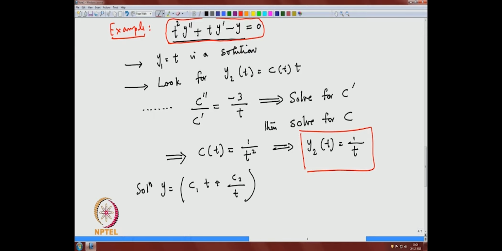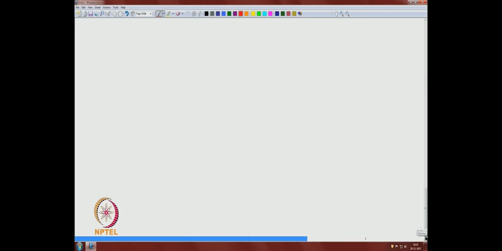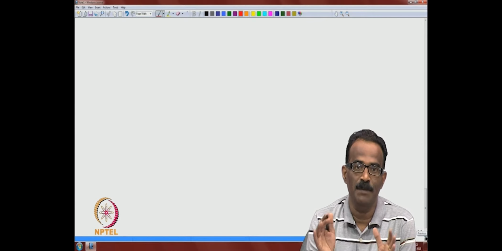So, we will go to the next one. Here you can see that t and 1 by t are independent solutions. It is the same situation as in the earlier case also. This is a very general method to solve that. Now, we will go to a special class of equations where a general method is available to find the independent solutions.